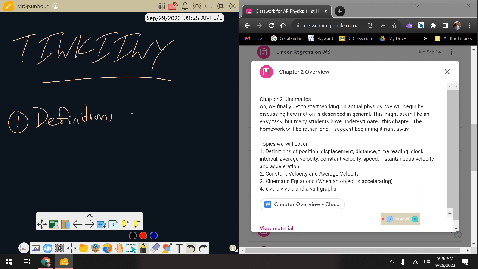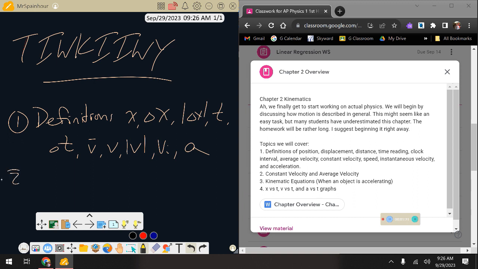Position, displacement, distance, clock reading, time interval, average velocity, constant velocity, speed, instantaneous velocity, and acceleration. How all of them interplay with one another.